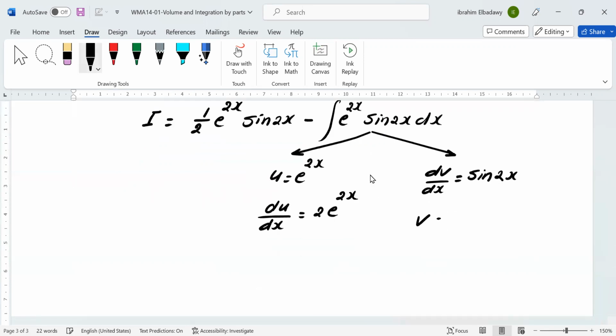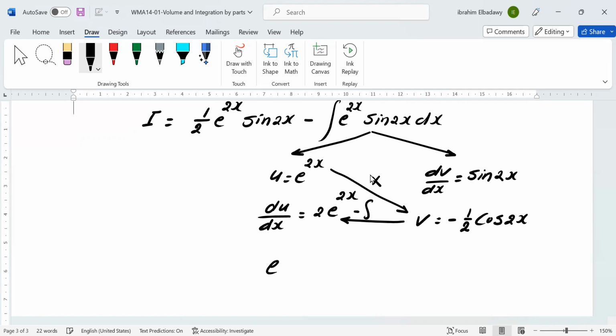So v is equal to sine coming from cosine, but it should be negative, so I have to put a negative here. And there is no differentiation for the angle, which is 2, so I have to divide by the differentiation of the angle and repeat the formula, uv minus the integral of v du by dx.